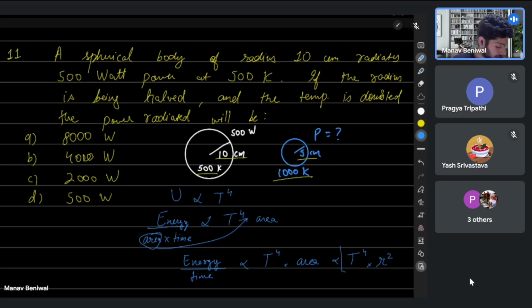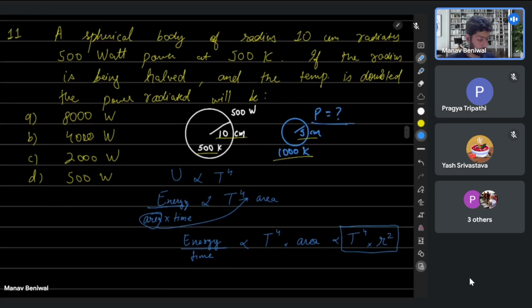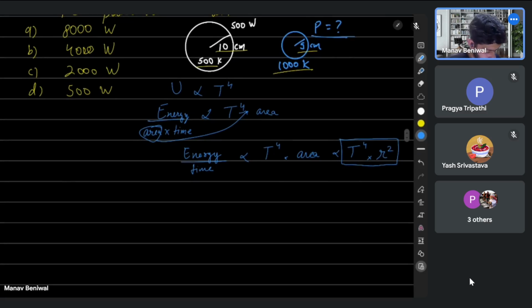So we have this now. So P upon 500 will be temperature of P, which is 1000 to the 4th, multiplied by radius, which is 5 squared, divided by temperature of the other object, which is 500 to the power 4, multiplied by 10 squared. Correct?